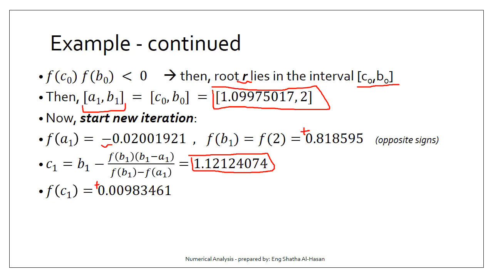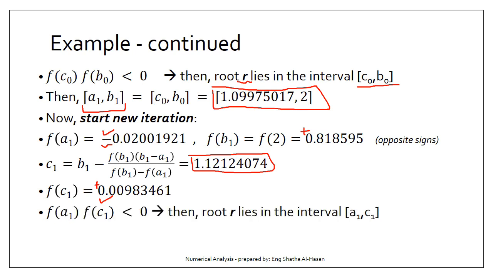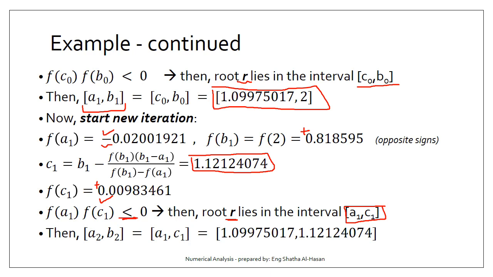The value is 0.009836461. Now this value is positive and the value of f of A is negative. Then this is our new interval, A1 and C1, where f of A1 and f of C1 is less than 0. Then R lies in the interval A1 and C1. Now A1 and C1 will be renamed A2, B2.